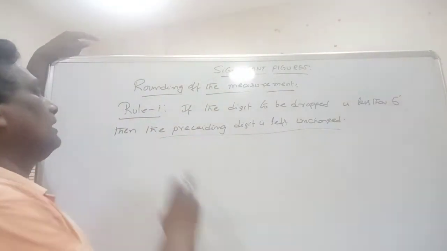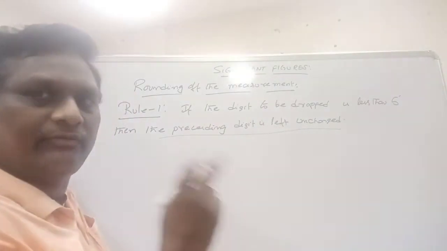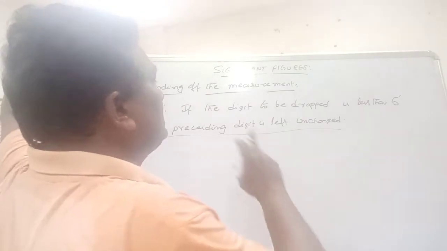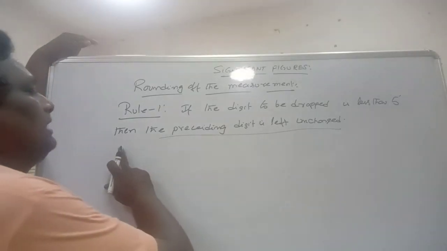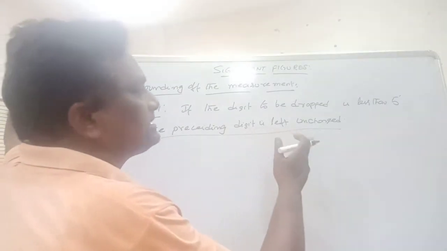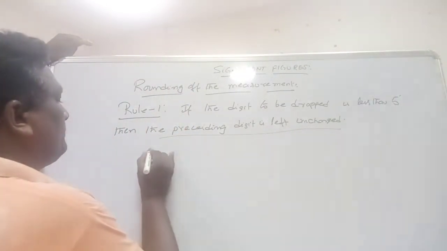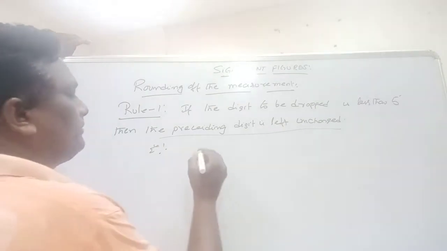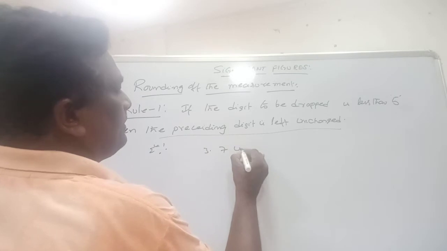I'll repeat. Rule number 1: if the digit to be dropped is less than 5, then the preceding digit is left unchanged. Example: 3.74.